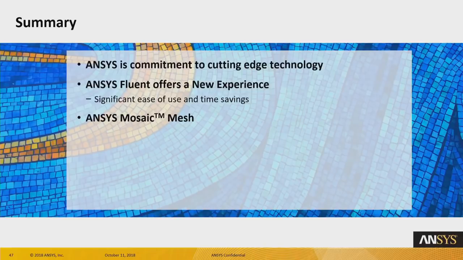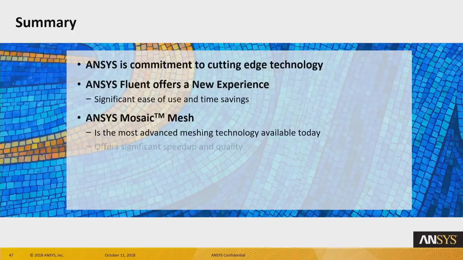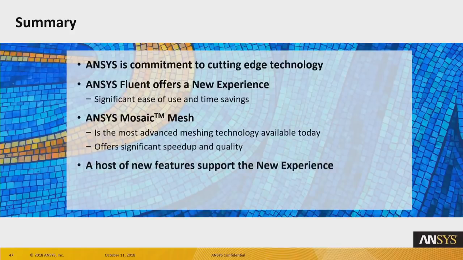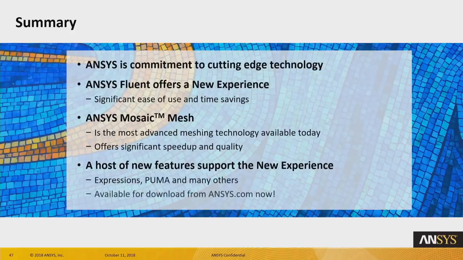I spoke about the new Mosaic Mesh, which comprises polyhedral and hex elements, which are distributed in order to provide the highest quality mesh for an arbitrary watertight geometry. And I spoke about new features that have been recently introduced in Fluent. Well, that's all. Thank you very much.